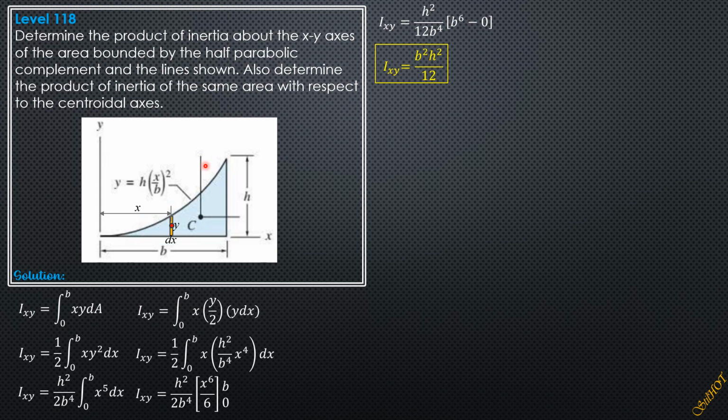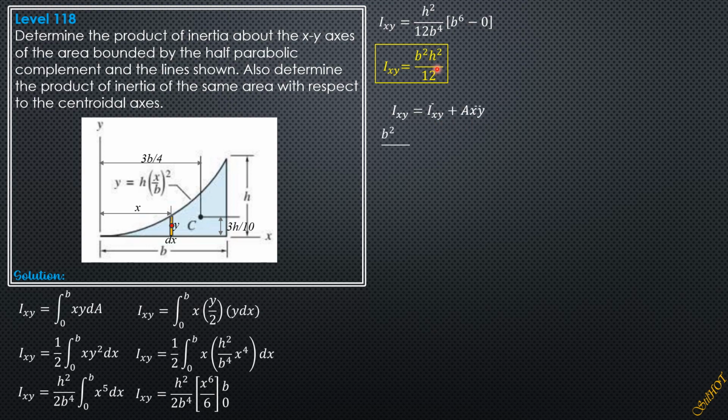For the x coordinate of the centroid, this is the tangent line and this is the vertex, and along the tangent line the centroid is at 3/4 of b. So x bar is 3/4 of b, while y bar is 3/10 of h. So substitute into the formula Ixy equals I bar xy plus area times x bar y bar.